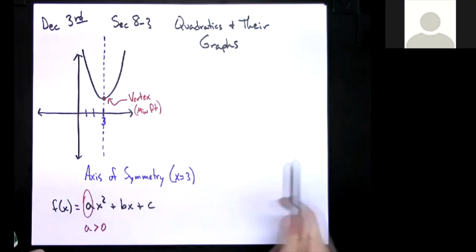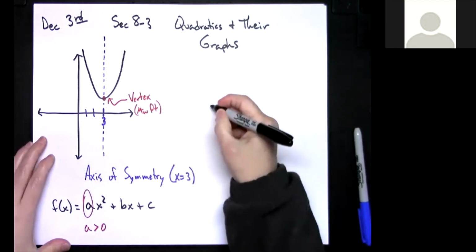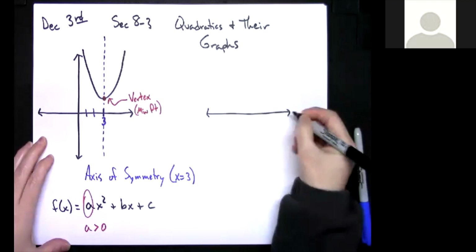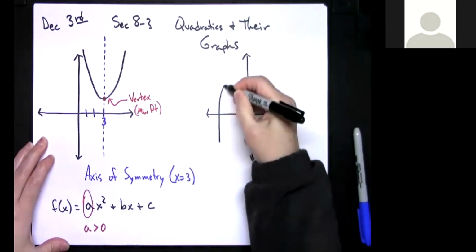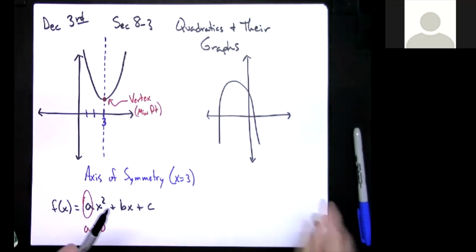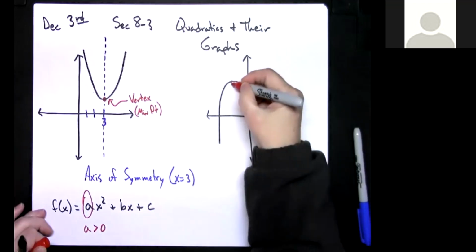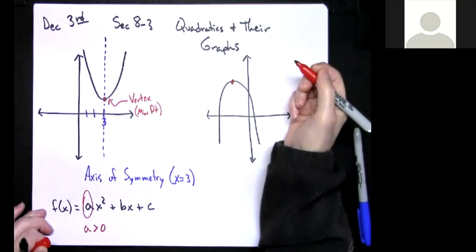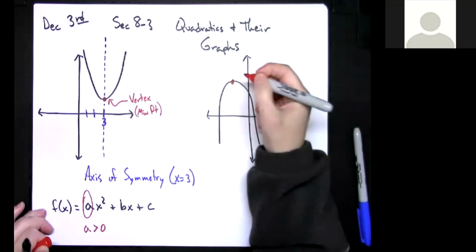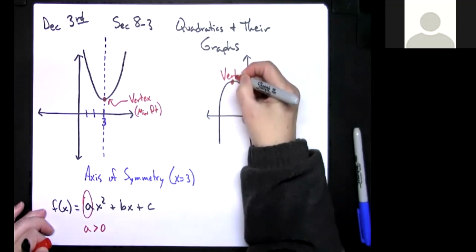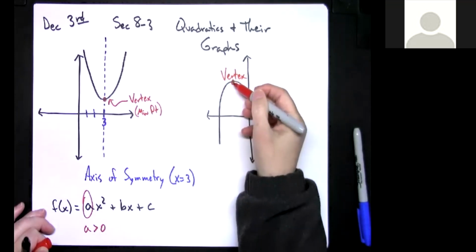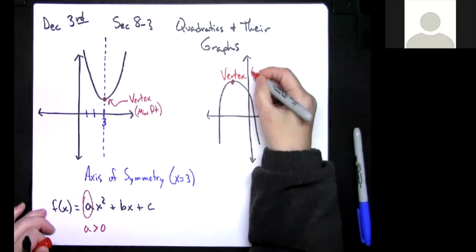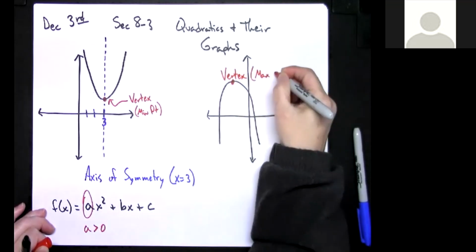Just real quickly, I don't want to draw an entire thing and relabel everything, but if we had an upside down parabola, getting worse as I draw them, it's still going to have a vertex, except the vertex is going to be up there. But in this case, because it's an upside down one, that's going to be the highest point of the graph, and that's referred to as a maximum point.